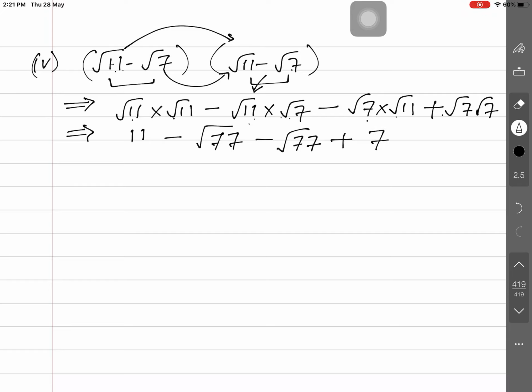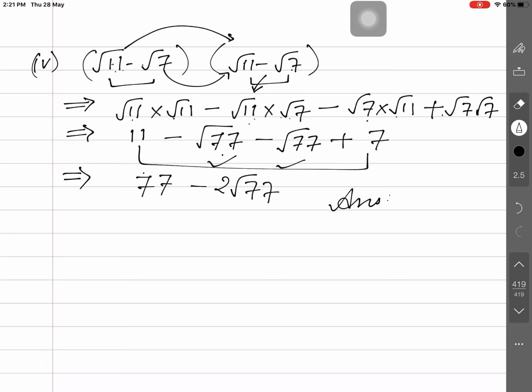Is that clear? Then what next is? It's root 77. The rational parts will be added, 18 here, and 2 times root 77 is there. Is that clear? And further this cannot be solved. Now it's your answer. This is method 1.